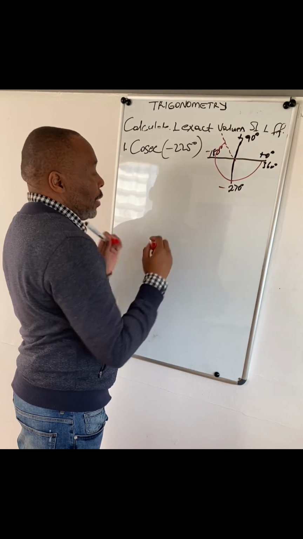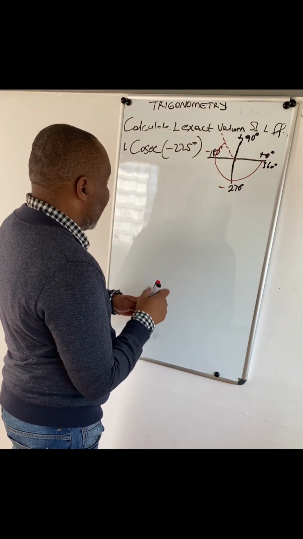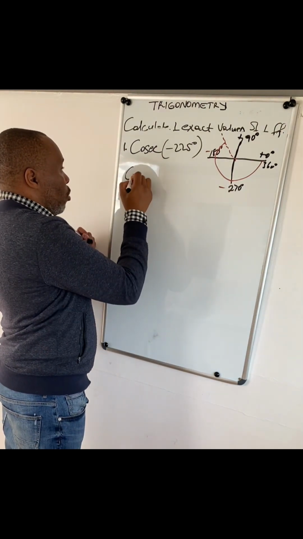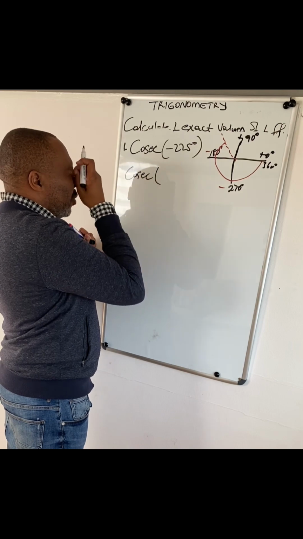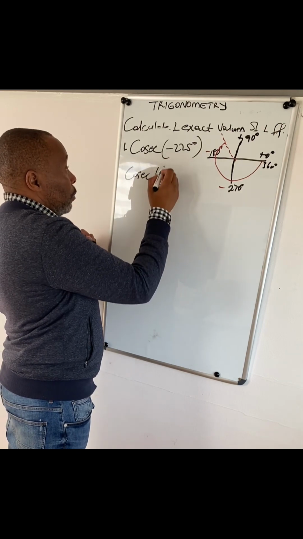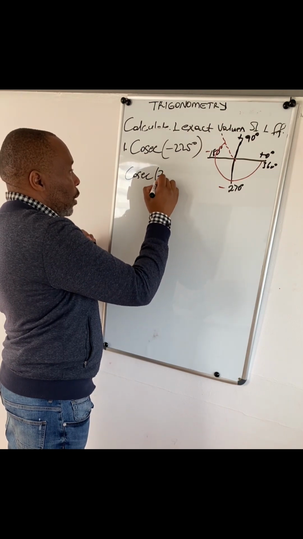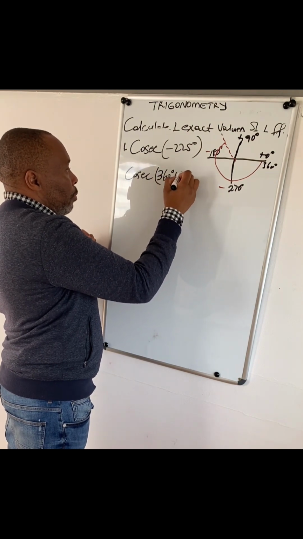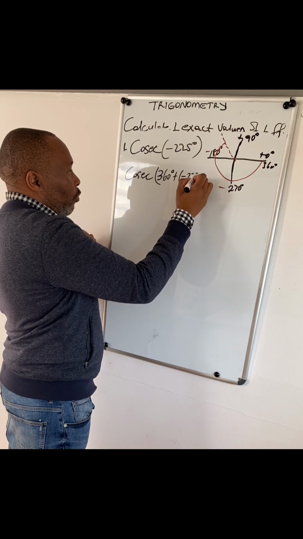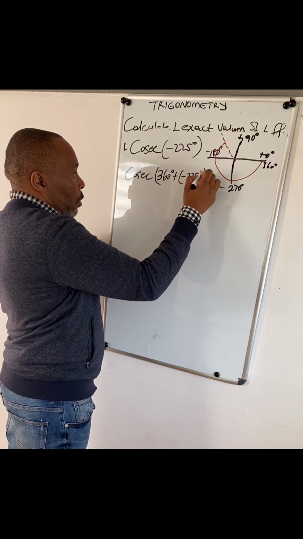So it's an angle somewhere there. But let's work it out from this and say cosec of 360 degrees plus minus 225 degrees.